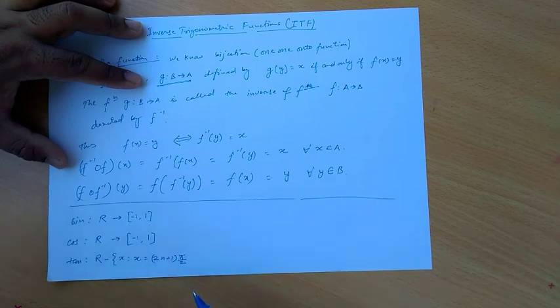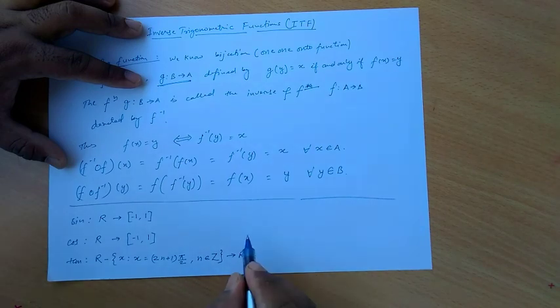Because at the angle pi by 2, we get infinity, or not defined. That's why we are not considering these values. Except these values, everything is domain, where n belongs to integers Z, and the range is R.